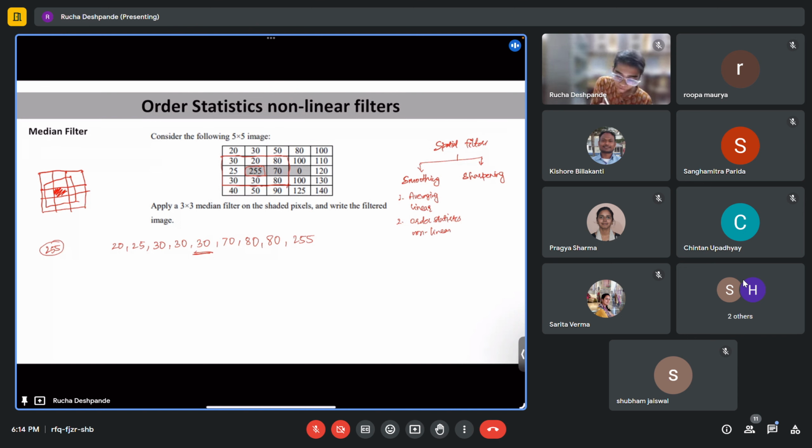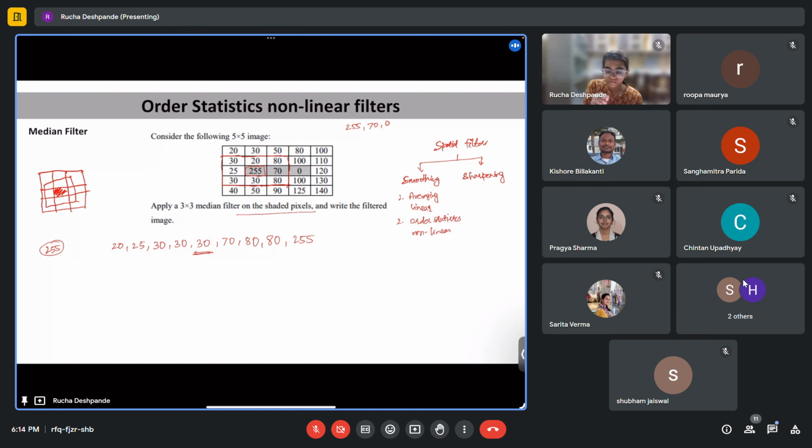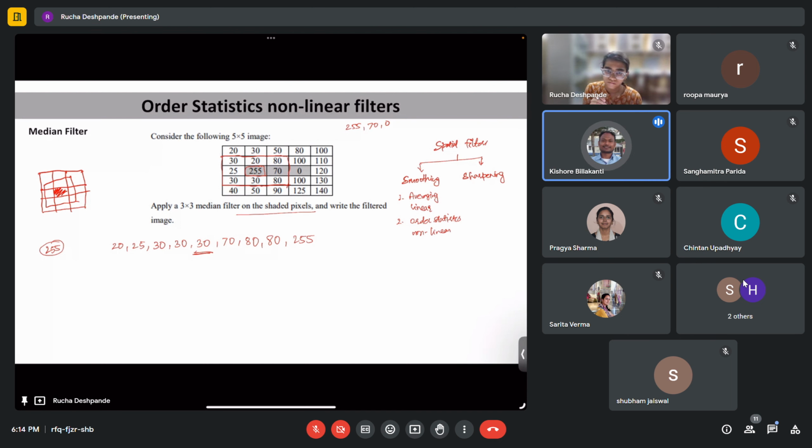So we are trying to apply the median filter on three shaded pixels: 255, 70, and 0. First I am trying to calculate for 255, so I will only take the pixels which are neighboring 255. So for 3 pixels, we'll calculate it independently.